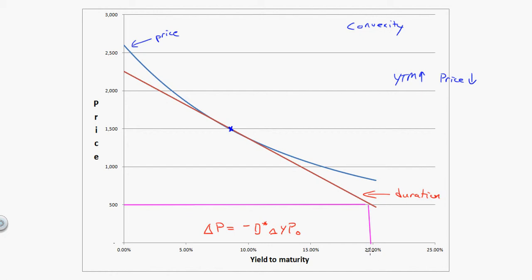So what duration would tell me is, hey, you've moved from just under 10% to 20%. You're down from 1500 to 500. But in reality, the change would be where the green line is. Yield about 20% would be a price just under 1,000. All right, so you're off a little bit.